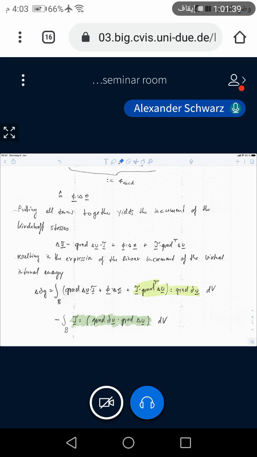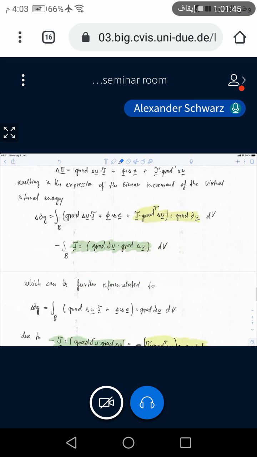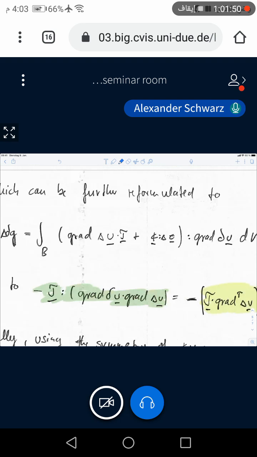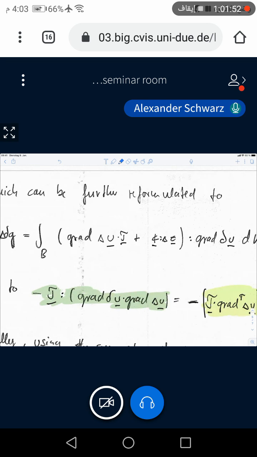Here we see that these terms, one with a plus and the other with a minus, are equivalent because, going to this side for example, you have a scalar multiplication. On the left side we have a tau. On the right side we have a tensor multiplication between two tensors. Now you are allowed to move one of these tensors from the right side of the scalar product to the left side, but transposed.